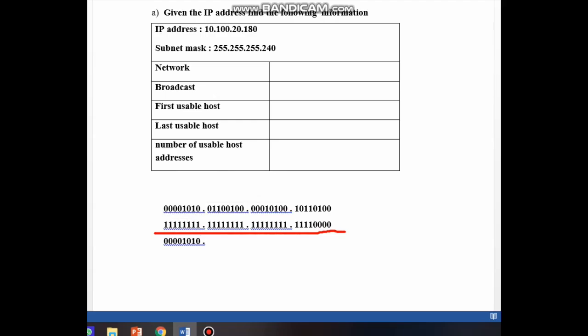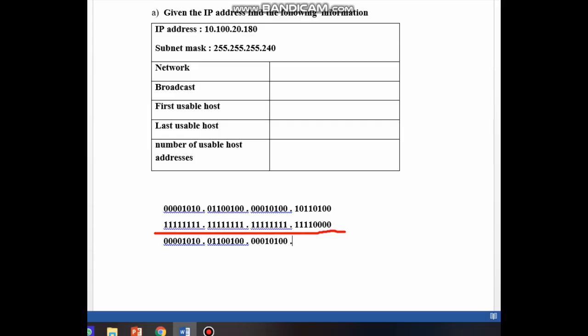So similarly, we do this ANDing operation in the second octet, and once again we ended up getting what we initially had. In the third octet we have once again all ones, so we can pretty much guess that it's going to be just what we initially had, 00010100.